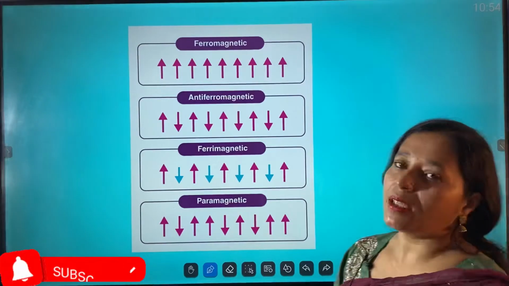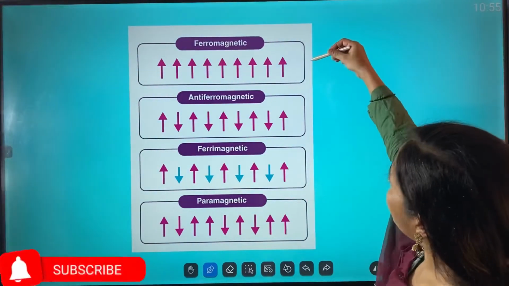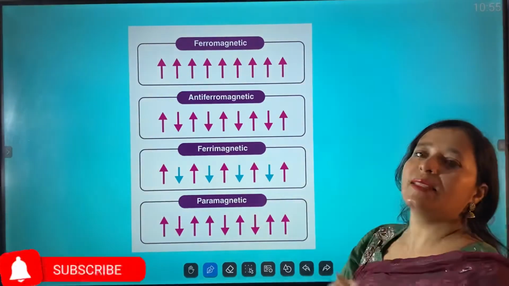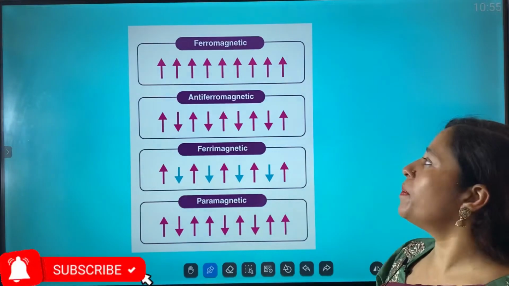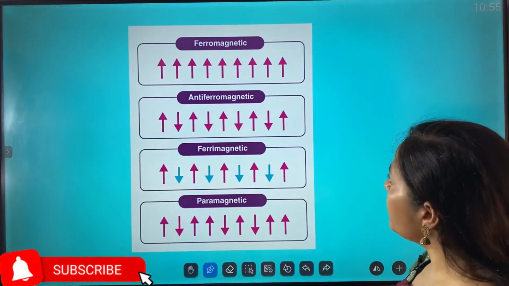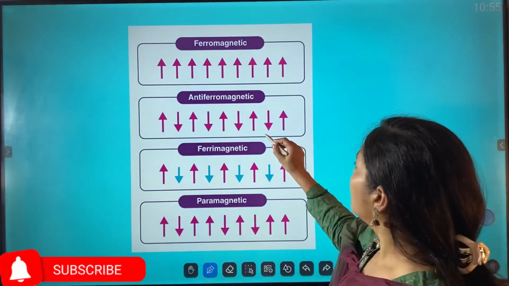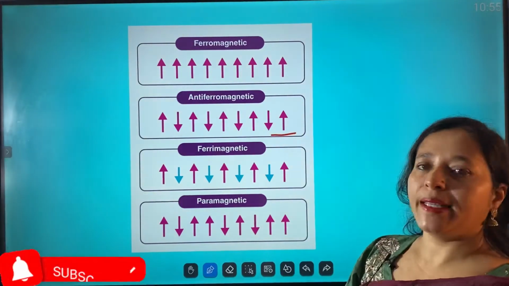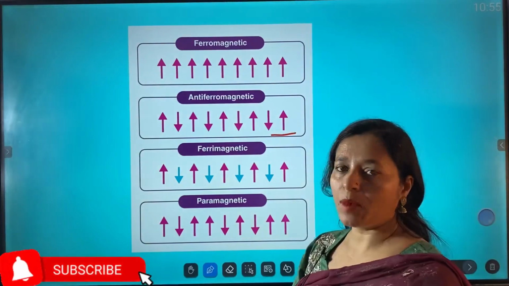Let's have a look once again, diagrammatically. In ferromagnetic substances, all the domains are aligned in the same direction, which is why they behave as strong or permanent magnets. In antiferromagnetic substances, the domains are in anti-parallel directions and cancel out. Ferrimagnetic substances have a little magnetic moment.